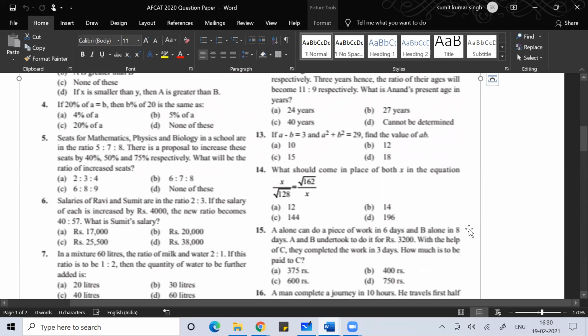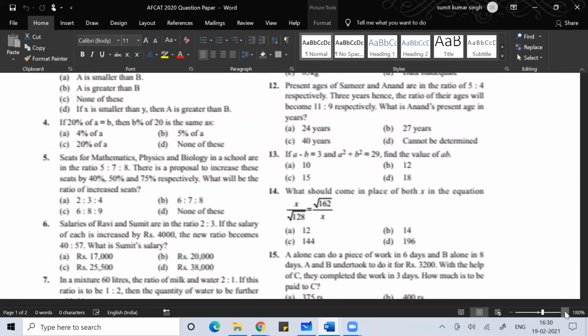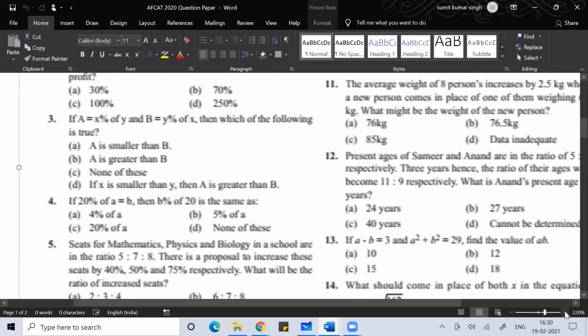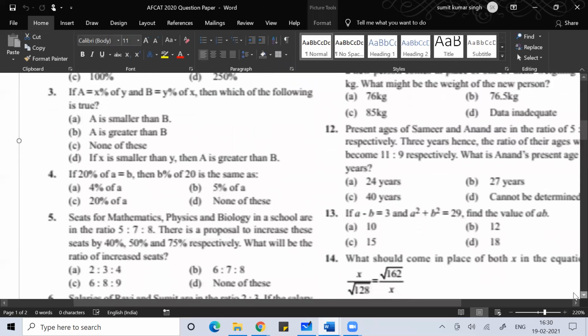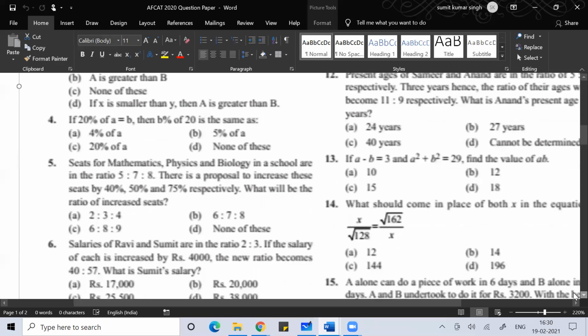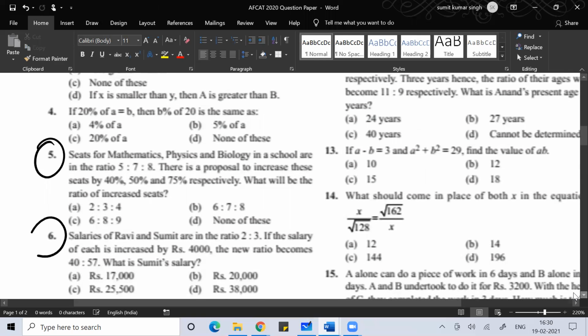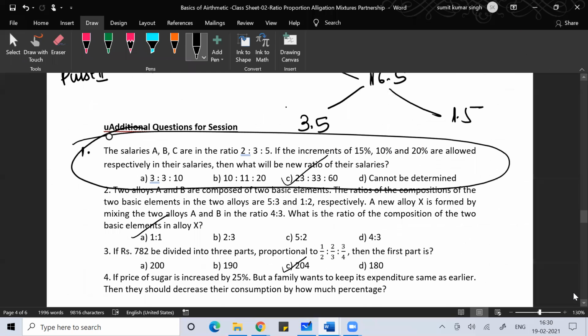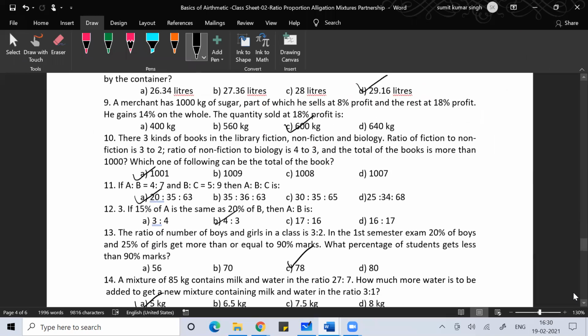You can see question number 5. This year this question has come, and question number 6 also, I have solved it here.